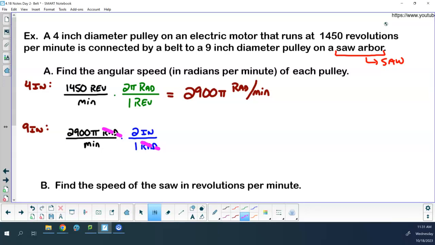The other pulley was a 9-inch pulley. And now I'm in radians per minute of the 9-inch pulley.